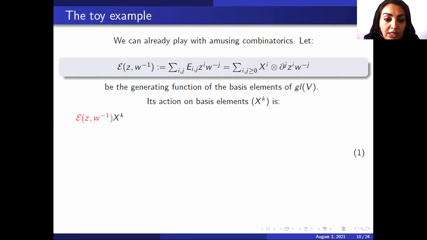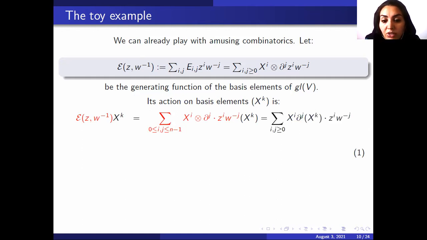So E(z,w^{-1}) x_k by definition is the sum of x_i tensor delta_j z^i w^{-j} applied to x_k, which is the summation of x_i delta_j(x_k) z^i w^{-j}, and you know that delta_j(x_k) is the Kronecker delta, which vanishes for all j, except when j is equal to k.